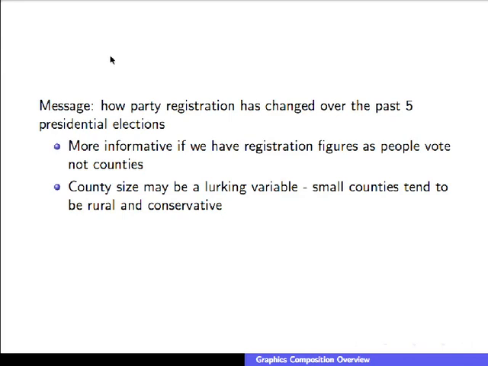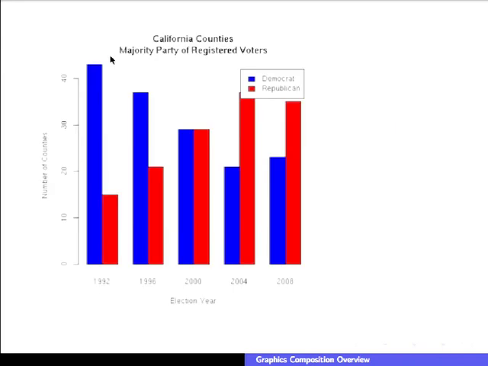So essentially, the question is, how has party registration changed over the past 5 presidential elections? I think that's what the creator of this plot is trying to get across. But before we go into my lurking variables issue, or the other two comments, I want to say this is what you could do in R to improve that particular plot.